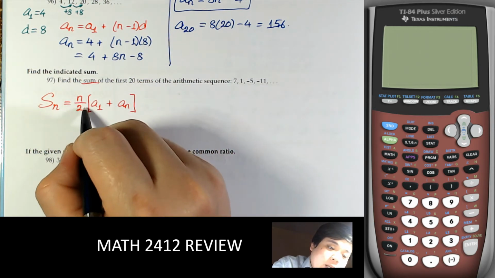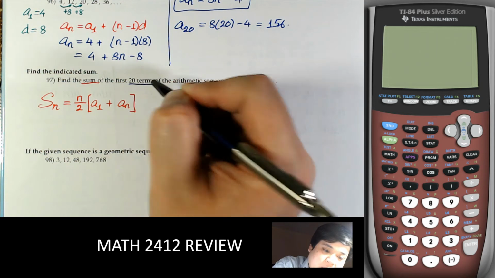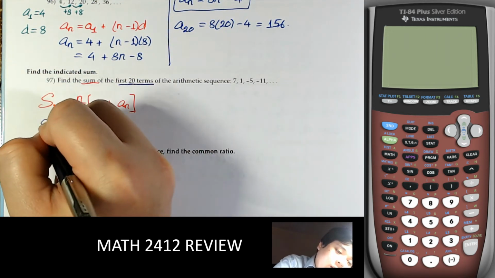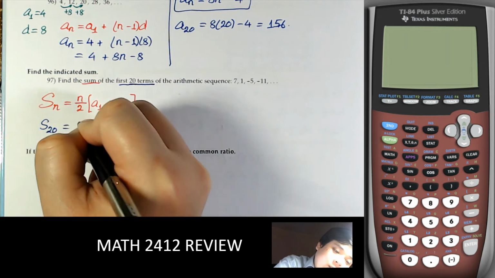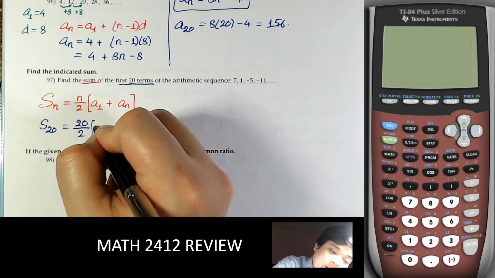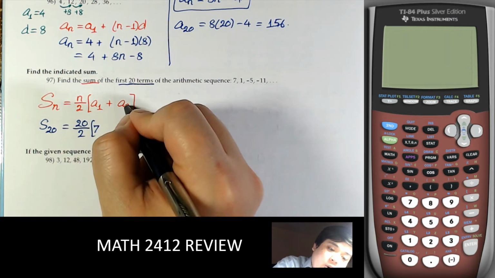We know that there are the first 20 terms, so n is equal to 20. The first term we know is 7. We just don't know the 20th term.